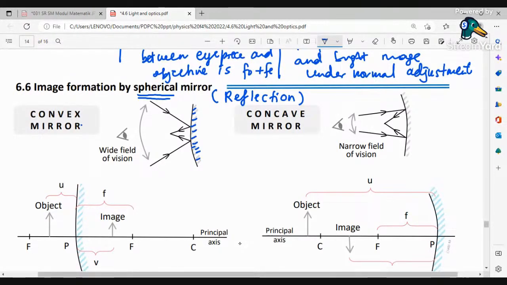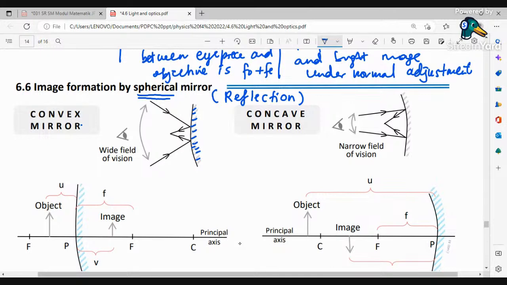A light ray, okay, coming and reflect. Okay, diverge. So ini convex mirror dia punya properties dia diverging mirror.